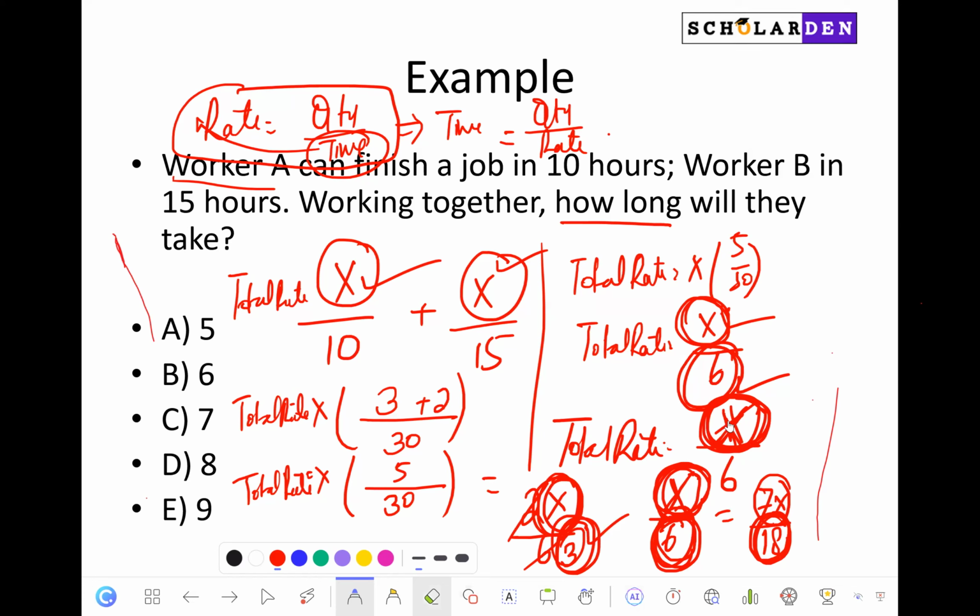So over here, when we compared both rates with the total rate, what we got was x over 6. And this told us, again, because this is the total quantity of work that we're supposed to do, this is this. The other way of doing this, which is very direct and does not involve this x, is that we simply say that, okay, this is the last thing that we're going to do today.